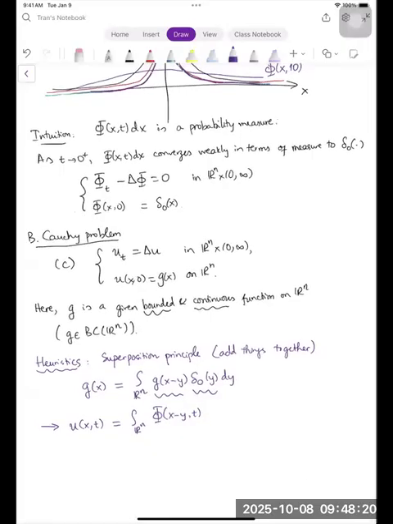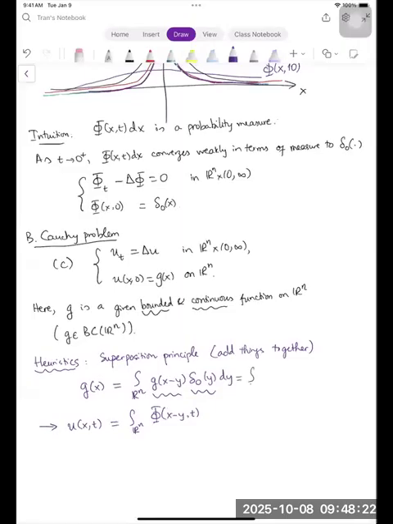Yes, the above formula also equals the integral over R^n of delta_0(x minus y) g(y) dy. I just want to switch the order so that it fits with this. So delta_0(x minus y) corresponds to phi(x minus y, t), because that's the fundamental solution corresponding to that, multiplied by g(y) dy. Okay, so that's the heuristic.